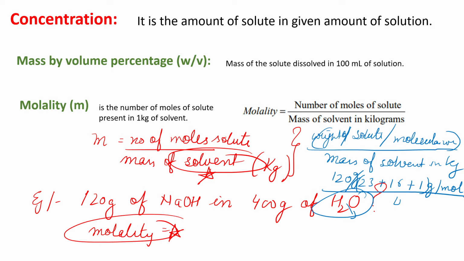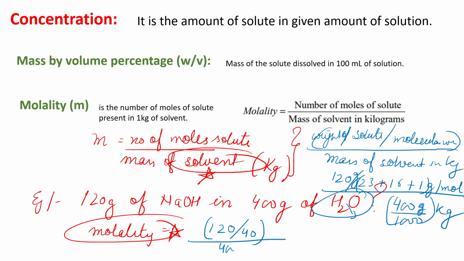The mass of solvent is 400 gram. We need the mass in kg, so gram will be divided by 1000 and it will become mass in kg. So we can say 120 divided by 40 are the number of moles, divided by 400 in kg.